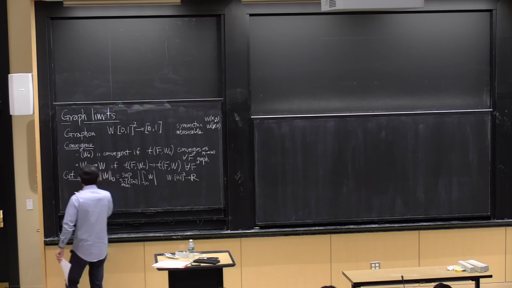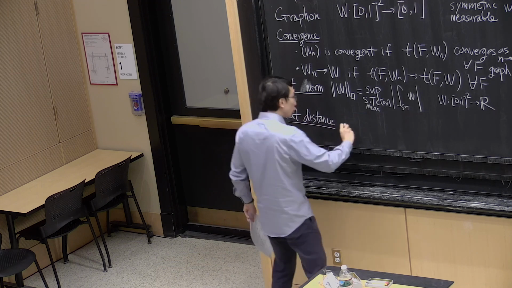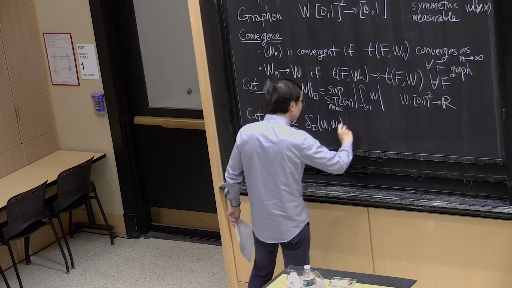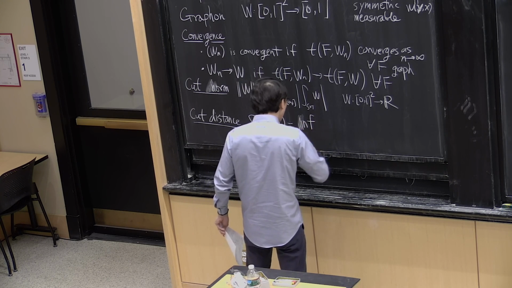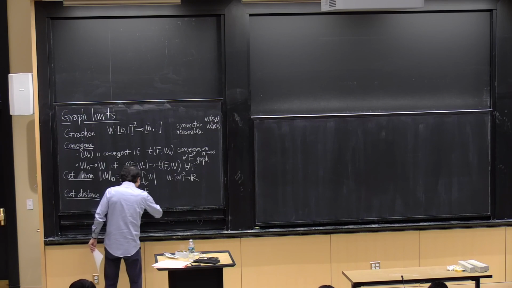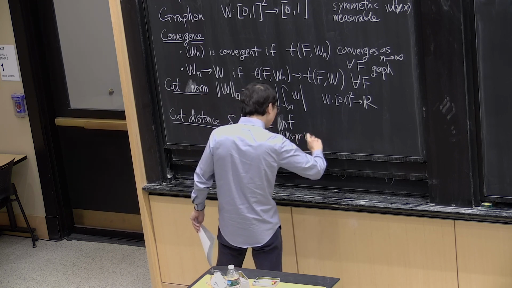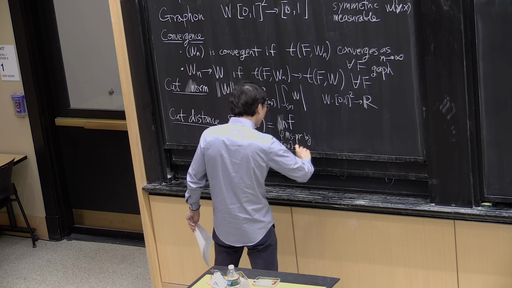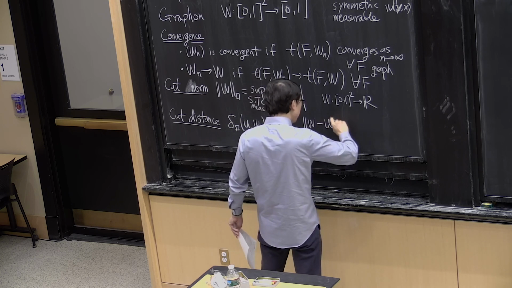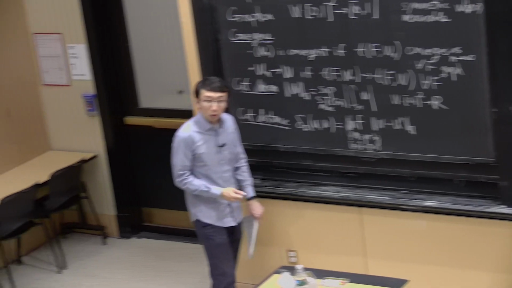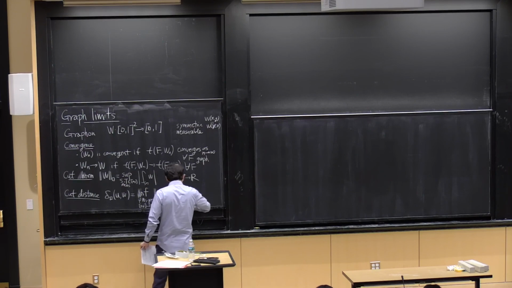That notion is captured in the definition of cut distance, which is defined to be the following quantity, where we consider the infimum over all possible measure-preserving bijections from the interval to itself of the cut norm of the difference between these two graphons if I rotate one of them using this measure-preserving bijection.